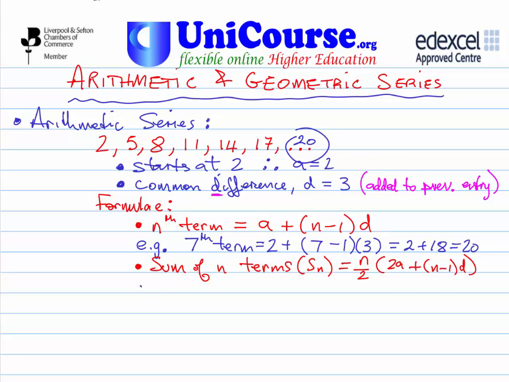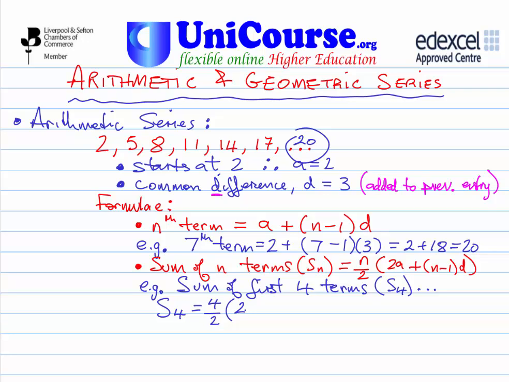Okay, let's have a look at an example use for that one. How about the sum of the first 4 terms? S4. Okay, so we're going to write S subscript 4 is equal to, and we just use the formula. So we get n over 2, n here is 4, over 2 lots of 2 lots of a.